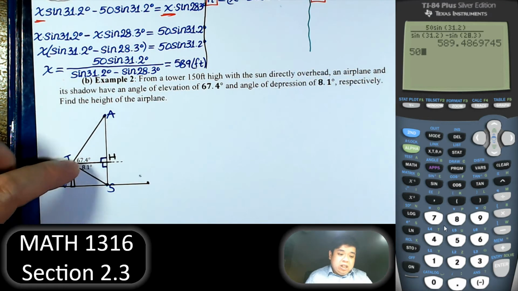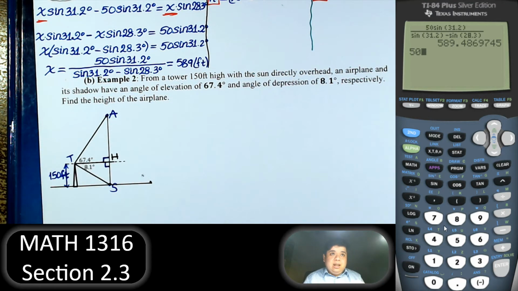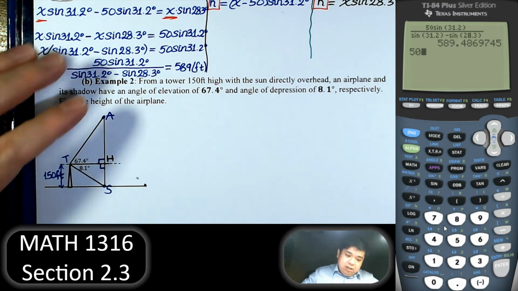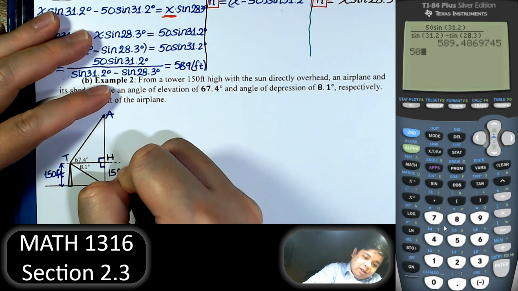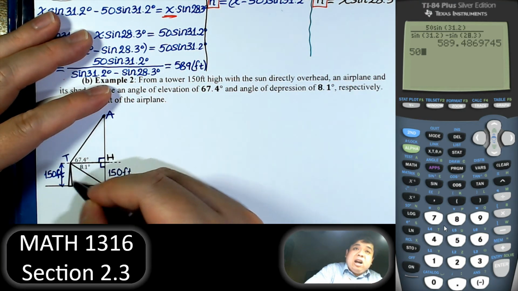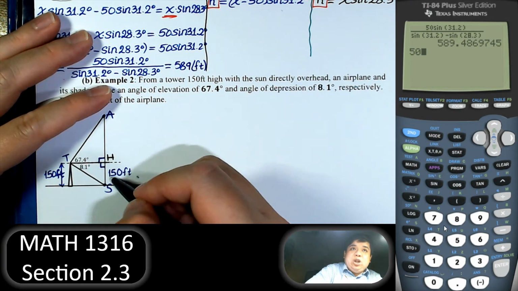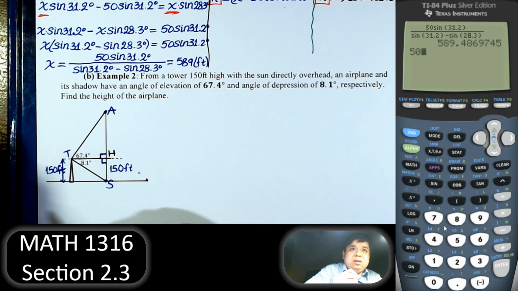For the triangle THS, we know a side, 150 feet. So we can find everything about the triangle THS. Right?